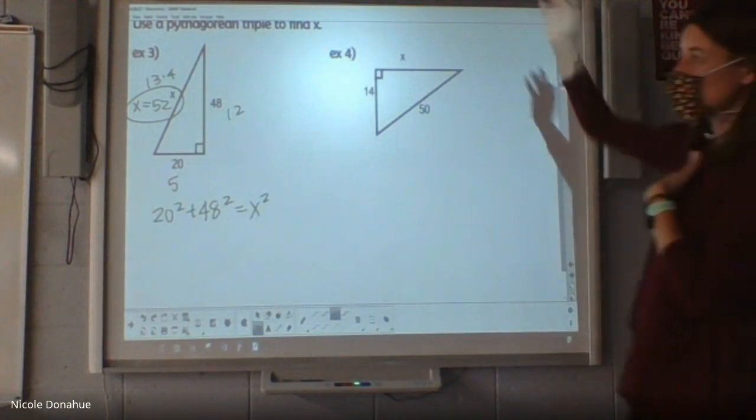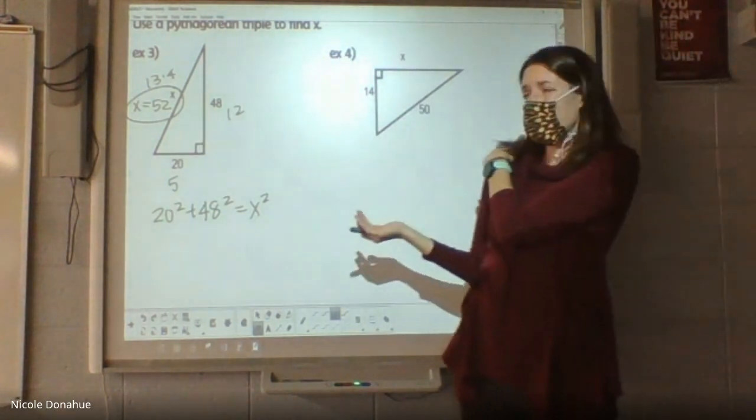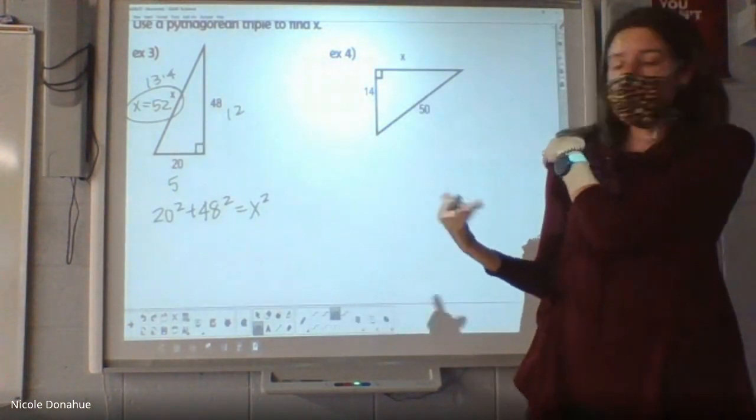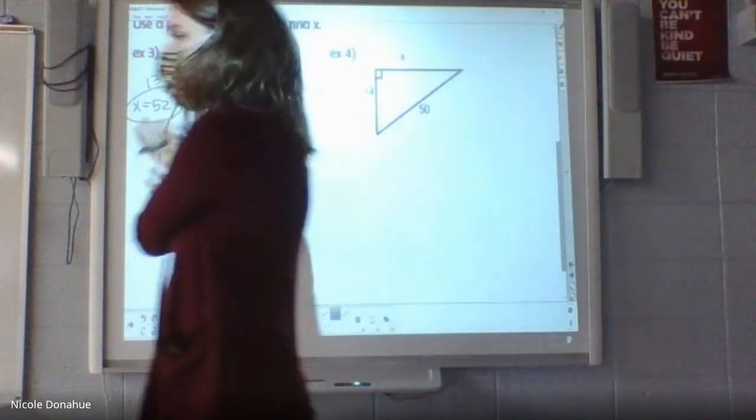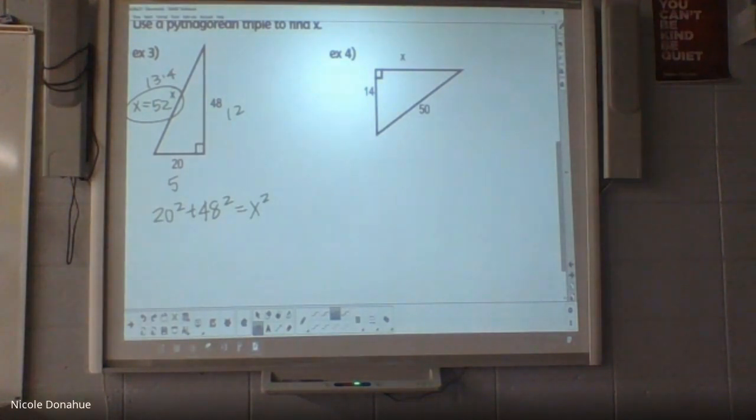So if you can use some of these patterns, if they tell you it's going to be a Pythagorean triple, it does save you a little bit of time, maybe. Because obviously 52 is not a nice number. It's a really large number in terms of square roots, because 52 squared is 2,704. So who wants to work with huge numbers like that if we can avoid it?